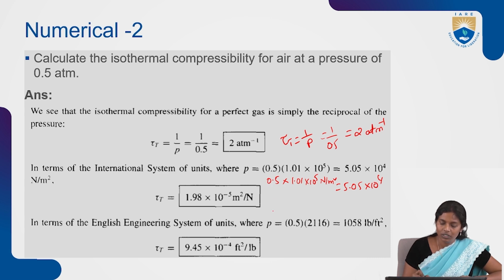So now tau T, again substituting, is nothing but 1.9 into 10 power minus 4 meter square per Newton. If you are taking the English engineering system, then it will be 0.5 into 2116, so that will be 1058.